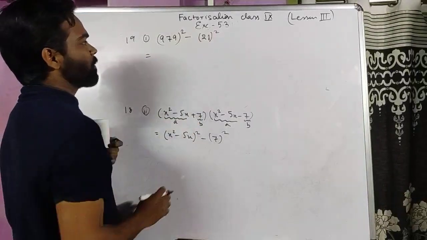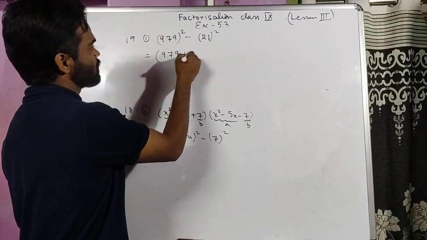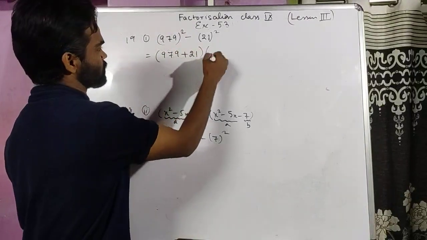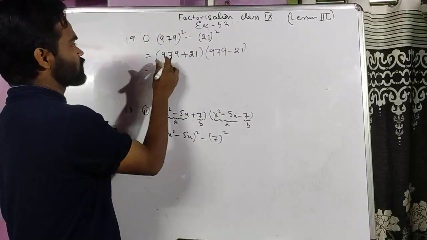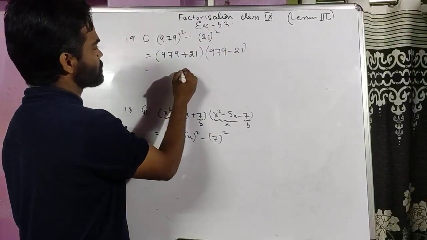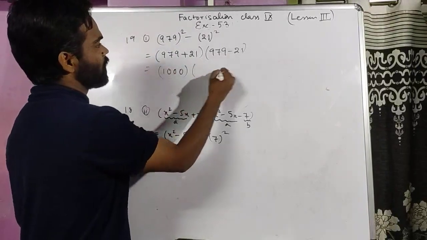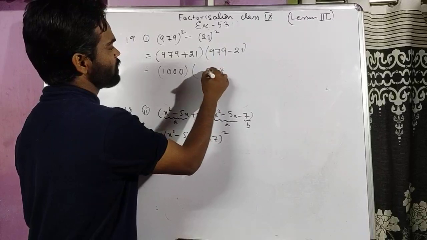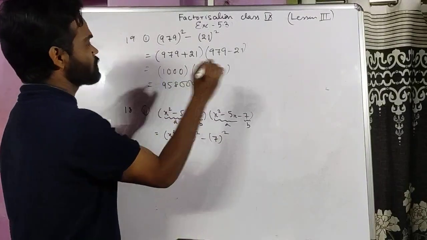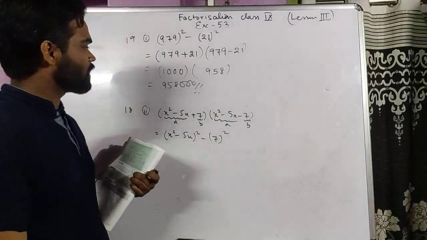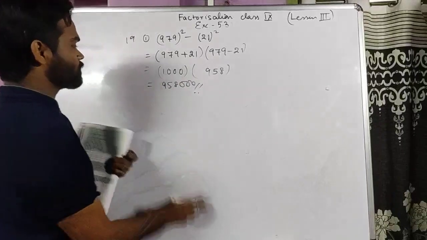This is in the form of a square minus b square, which will be a plus b, a minus b, which is, this is 1000, and this is 958. So this will be 958,000. So that's our answer, 958,000.